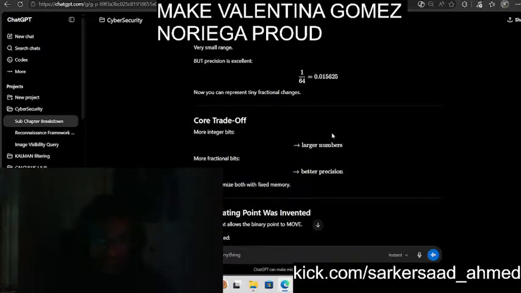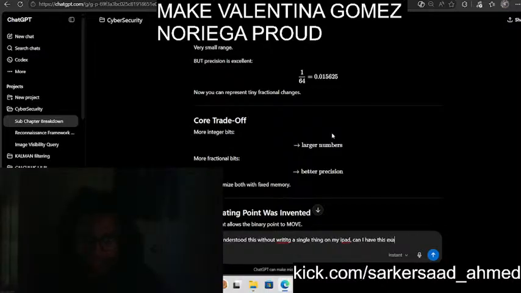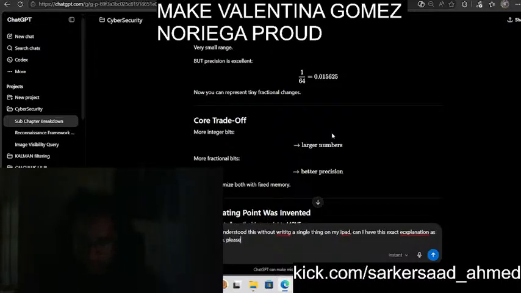Can we write this? I actually understood this without writing a single thing on my iPad. Can I have this exact explanation as LaTeX code, please?